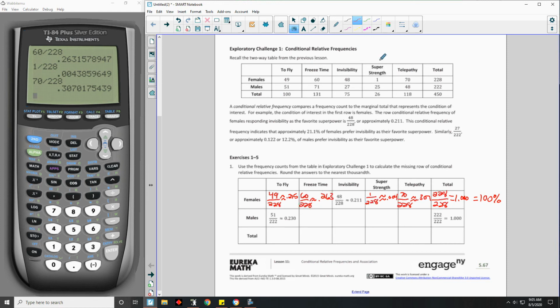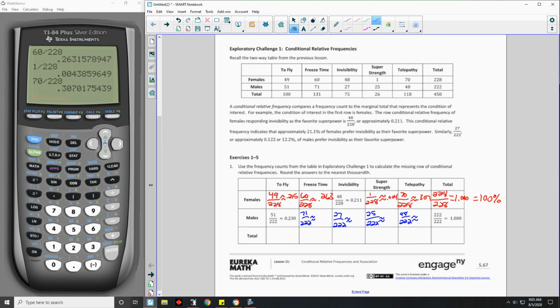Okay, so we're going to do the same now for the males. So now they did 51 out of the total males, 222, and we're going to continue that. So first I'll do all the fractions. 71 divided by 222 is approximately, 27 out of 222 is approximately, 25 out of 222 is approximately, and then 48 out of 222 is approximately.